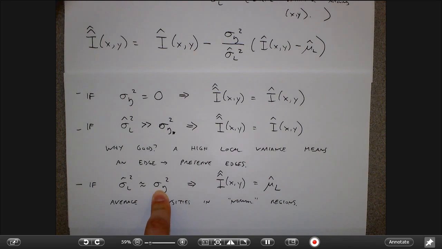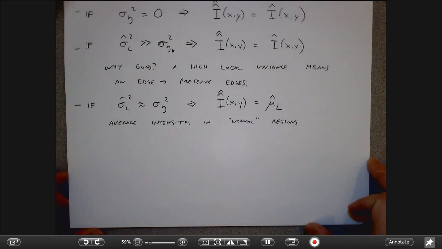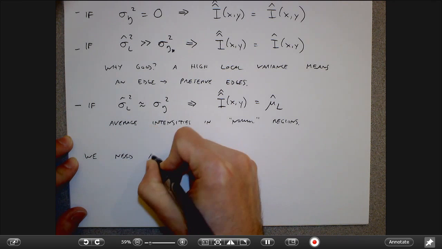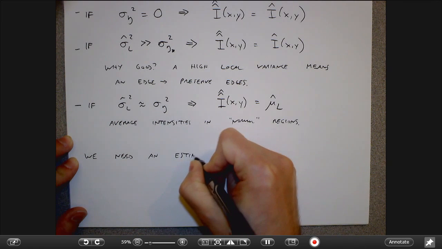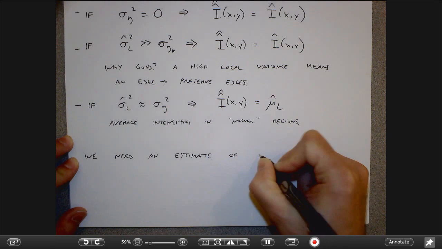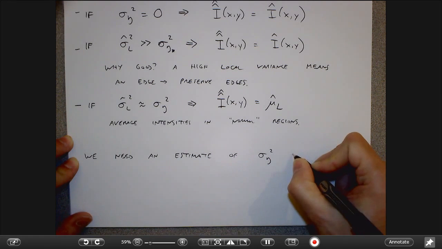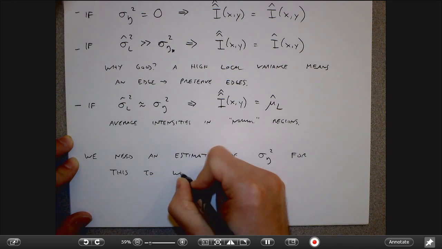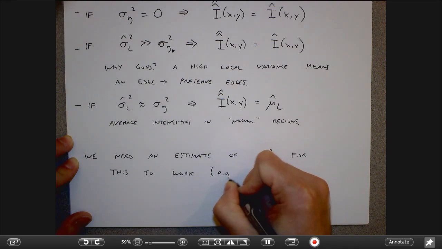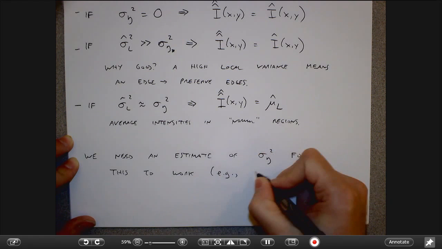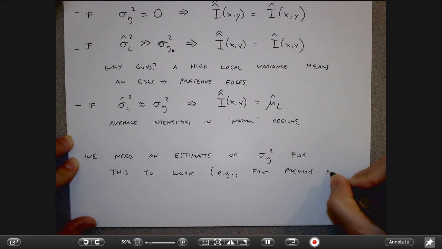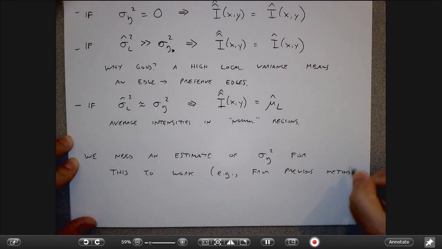The drawback of this whole thing, obviously, is I need an estimate of this global noise variance for this to work. But I just told you a method for trying to estimate that, e.g. from the previous method.